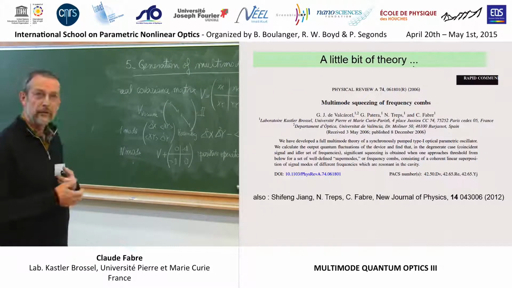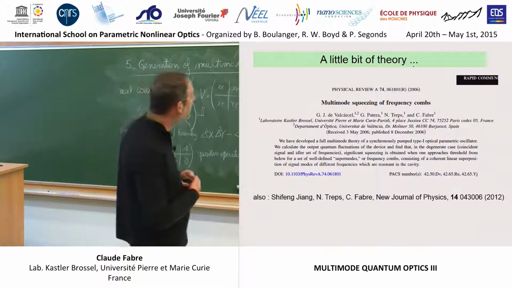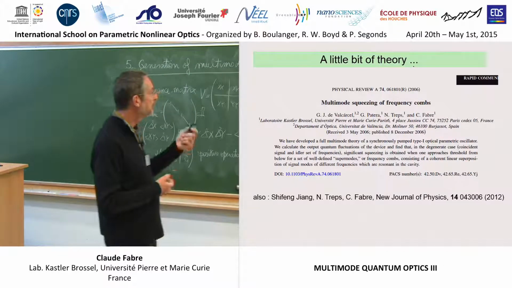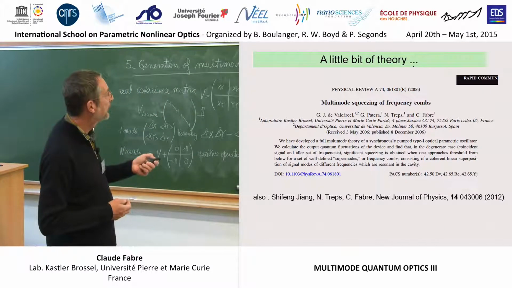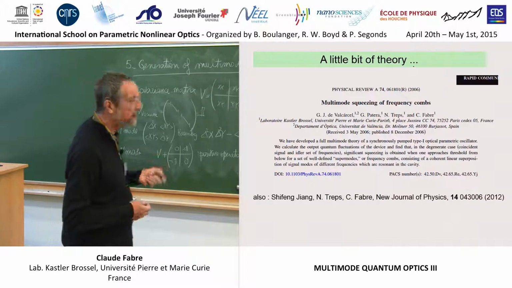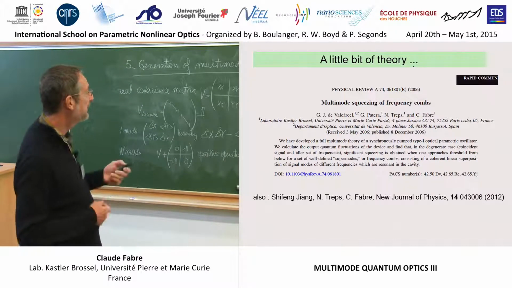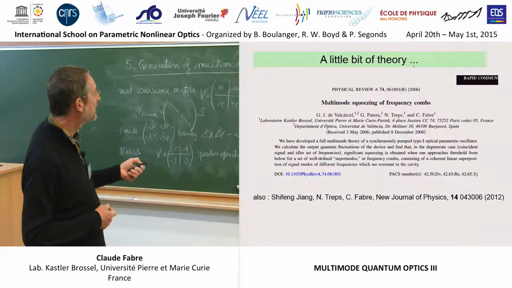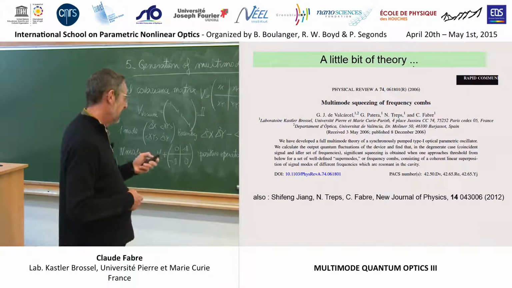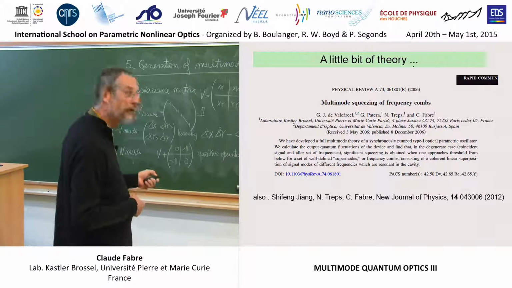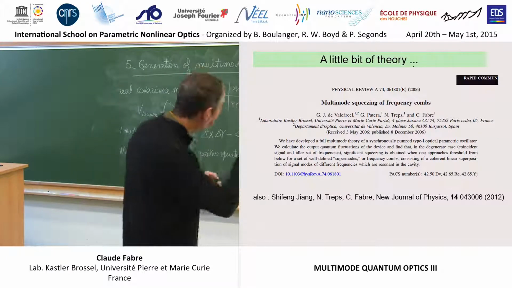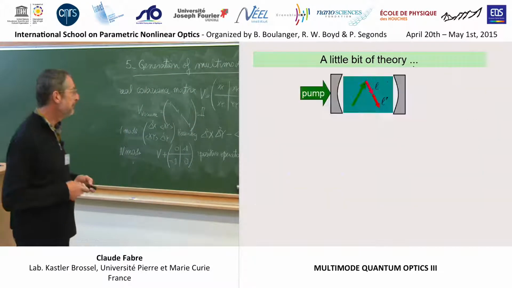So first we have to work a little bit more on this kind of thing. So this was a paper, it was the beginning of everything some time ago now, almost 10 years. So this is theory. We had another trial of experiment for theory, more detailed in this paper.